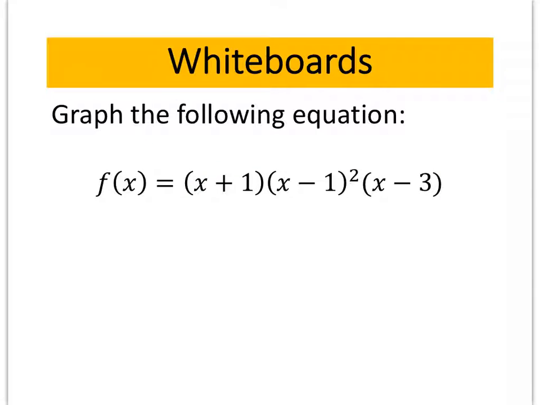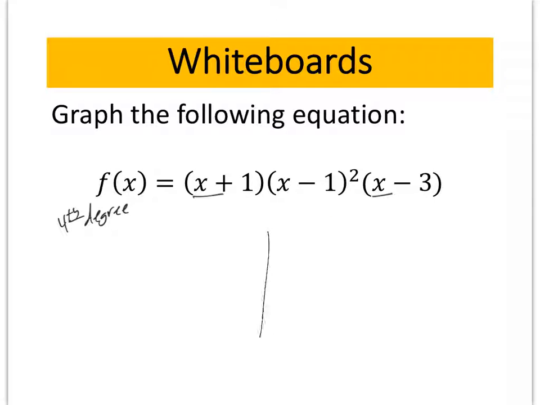This one is a little bit trickier because we've got one of those double roots right here. So there are really 1, 2, 3, 4 roots. So this is really a 4th degree, even though it doesn't quite look like a 4th degree, simply because we've got this double right there.